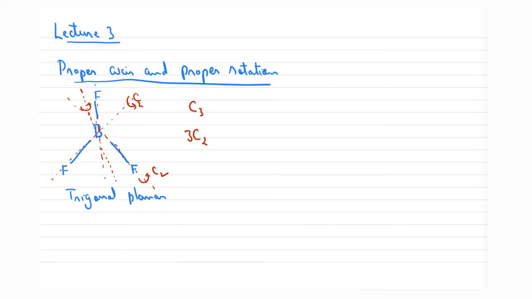So let's say if we draw this again quickly, B, F, F, F. So you have 1, 2, 3. Now we can do a C3 operation m times, right? Cn operation m times. So n is equal to 3 over here and m is equal to 1.